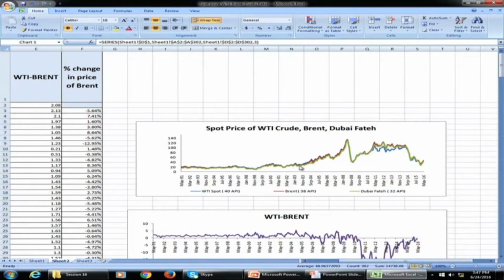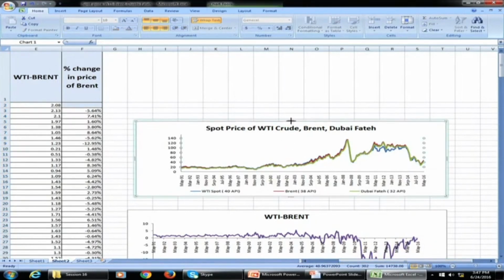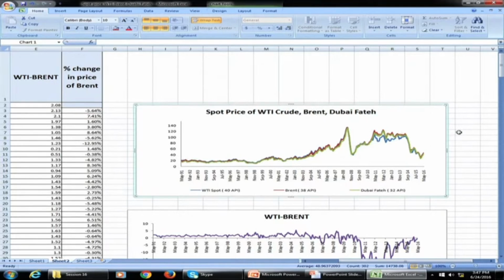This particular chart shows how these 3 marker crudes, WTI, Brent and Dubai Fateh, have moved. If you can see, it has progressively gone up, and all these 3 crude oil prices reached a peak of around $133 in the month of July 2008, and subsequently it has fallen.